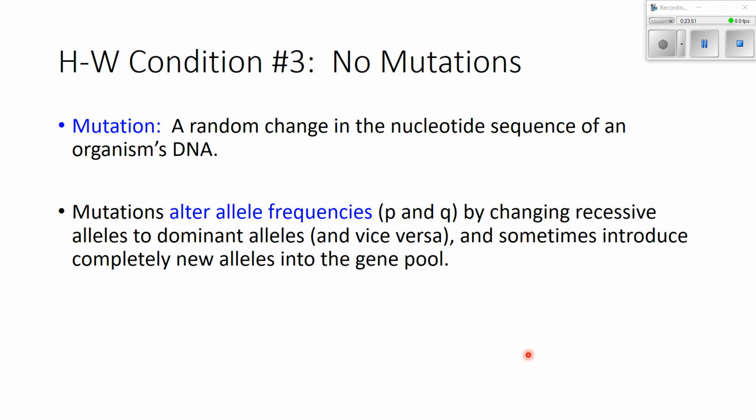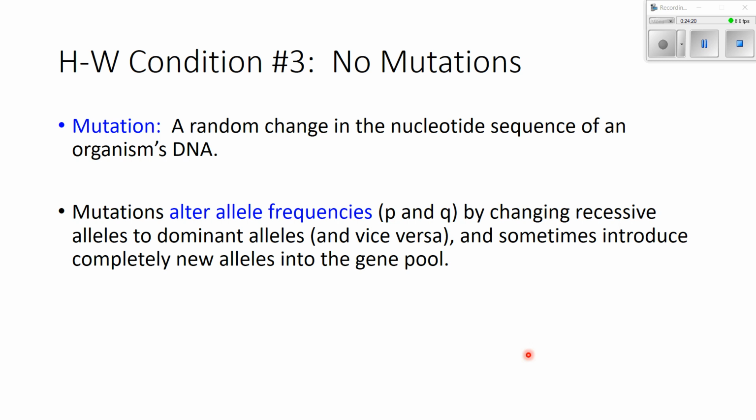Why do mutations matter? How do mutations contribute to evolutionary change? Because mutations automatically and instantly alter allele frequencies. Sometimes it might be a recessive allele mutating to become a dominant allele, right? So the Q is going to go down, the P is going to go up. Or it could be the other way around. Or sometimes mutations do something really radical.